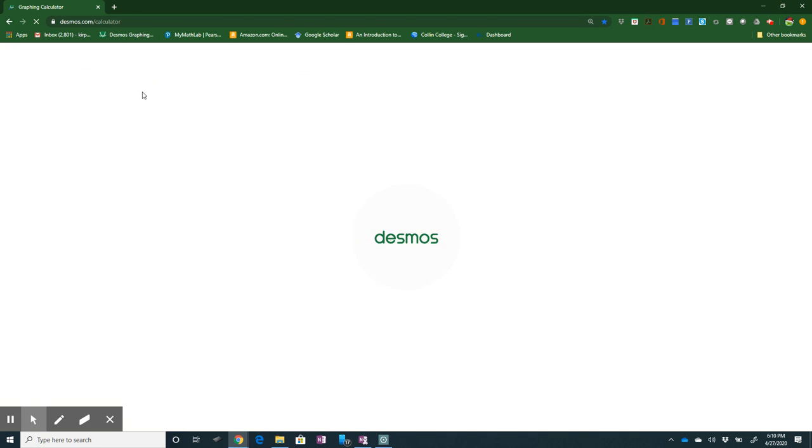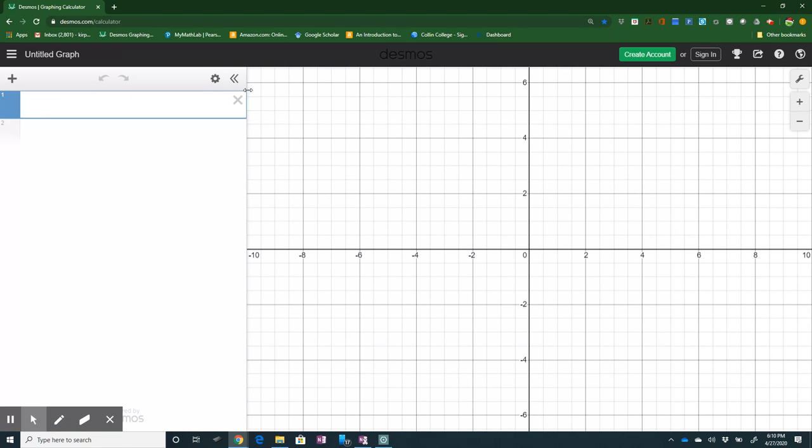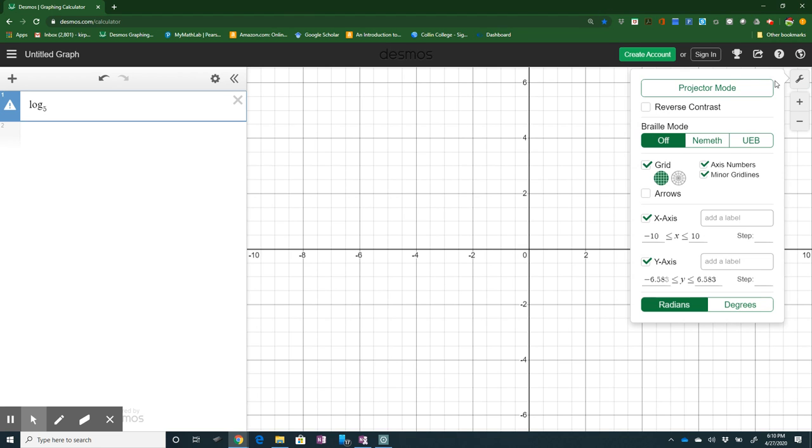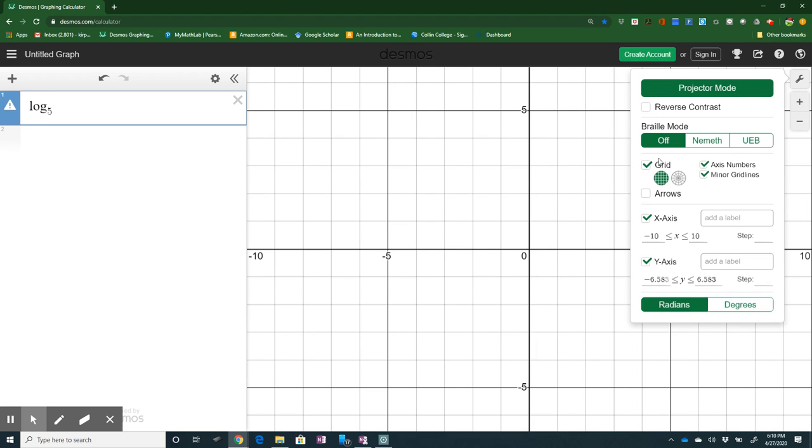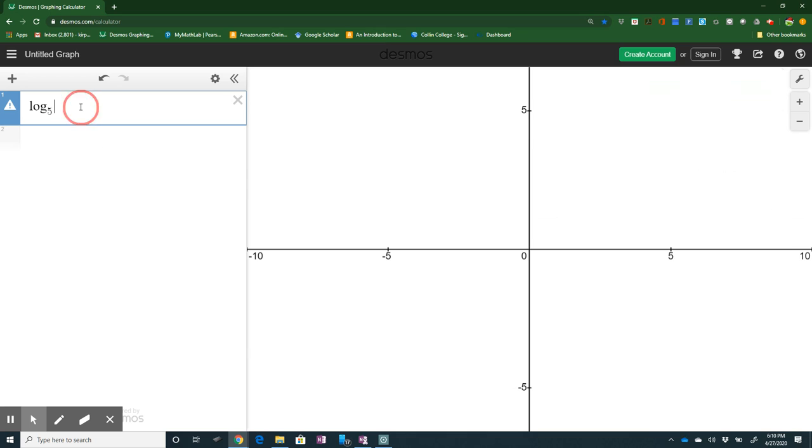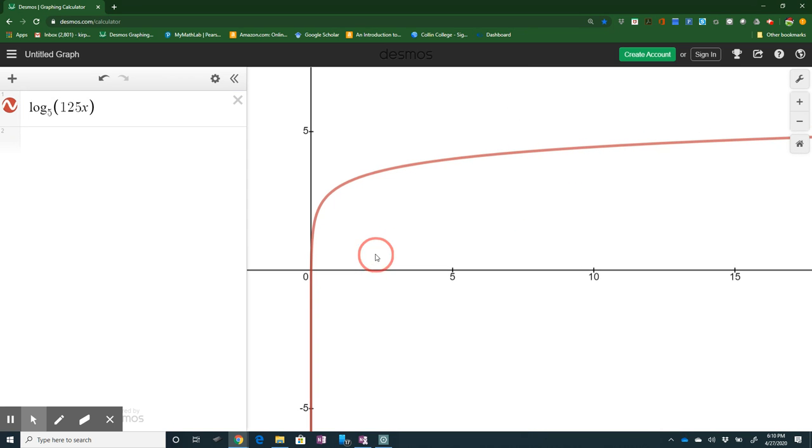Desmos. And Desmos can do logs pretty well. Log base 5, let me turn the projector mode on, turn off the grid, of 125x. So there's my expression.